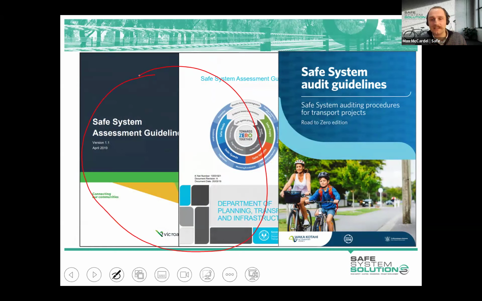It's nothing significant. It's nothing I would refer to as a departure or anything like that. It's basically just providing additional guidance where the Austroads framework is a little bit cloudy or nebulous. It just provides a bit more information there. There's a lot of overlap between the Victorian one and the DIT one.